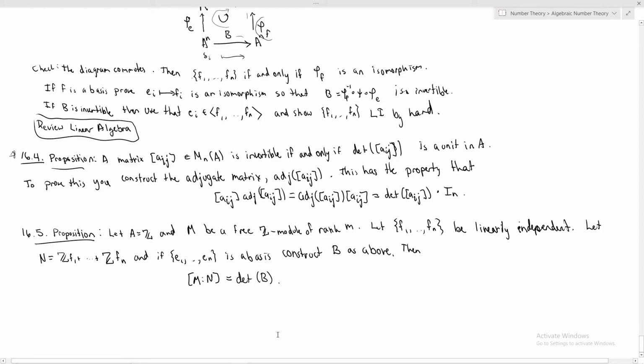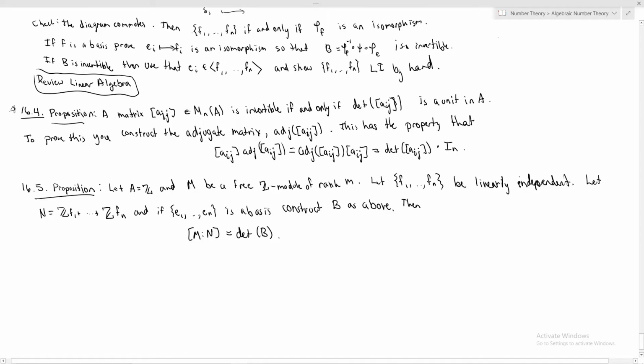Okay, so what are we saying here? I guess there are a couple of things we're saying. One is, let's compare this to 16.4 and 16.3 that we figured out before. Sorry, there should be an absolute value here. So 16.4 says a matrix is invertible if and only if the determinant is a unit.